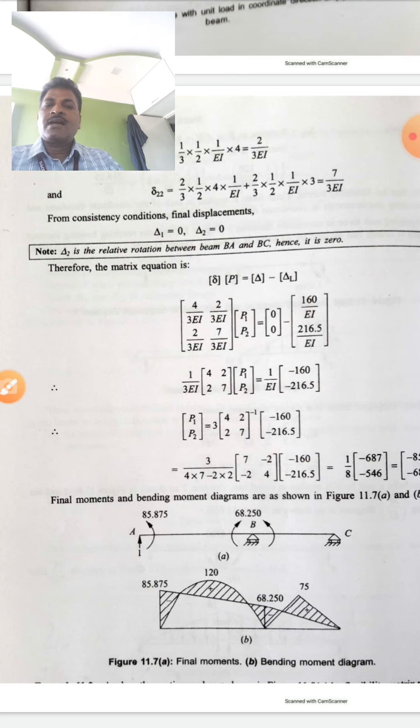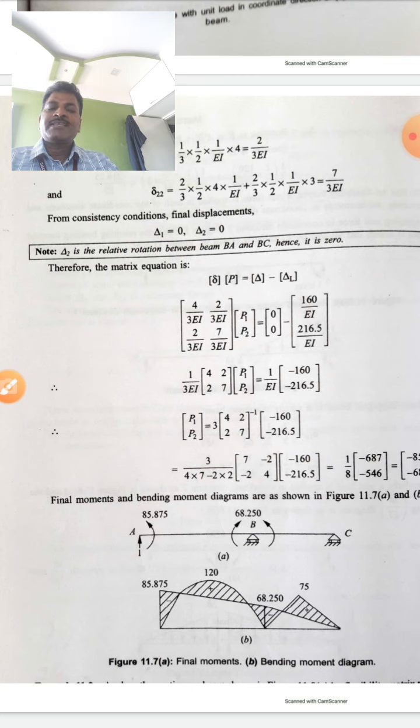Substituting all the values, we get the matrix 4 upon 3EI, 2 upon 3EI, 2 upon 3EI and 7 upon 3EI, and P is replaced by the matrix P1 P2, equal to 0 0 minus delta L, that is 160 upon EI and 216.25 upon EI.